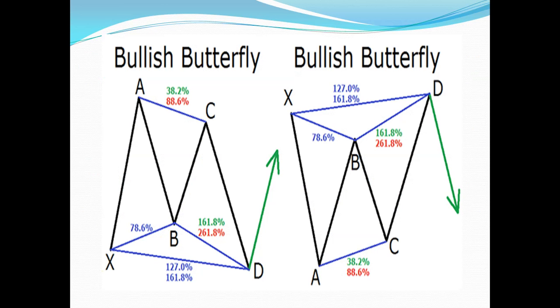On bearish butterfly you have to short at D point. D point you have to buy in bullish butterfly, and in bearish butterfly you have to sell on D point. So this is the difference in the formation: bullish butterfly starts upward, and bearish butterfly starts downward.